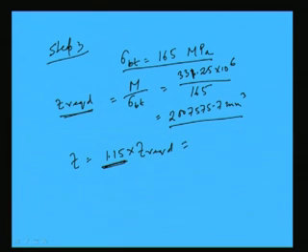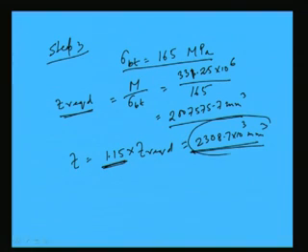So, this will become 2308.7 into 10 to the power 3 millimeter cube. Okay. So, now what will we do? Now, let us see what type of section we can use. So, let us use an I section. With this Z value, if we go through SP6, we will see that ISWB 600 may be one of them which we can try.